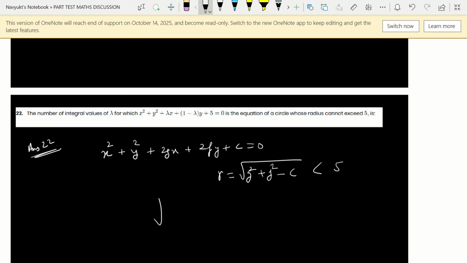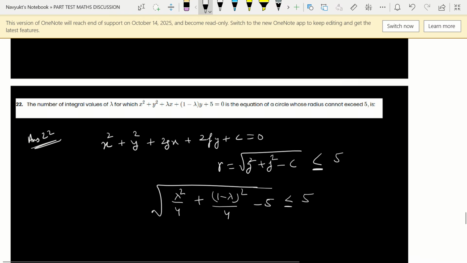So we'll simply write root of, how much is g here? Lambda by 2. So that will become lambda square by 4. How much is f? 1 minus lambda by 2. So 1 minus lambda by 2 whole square, minus c, that is plus 5. Should not exceed 5, means it can be equal to 5 also.